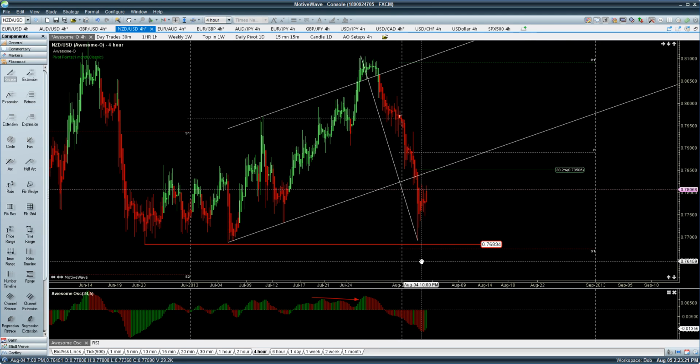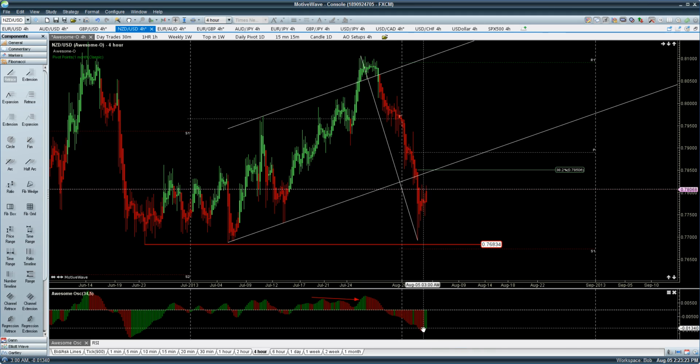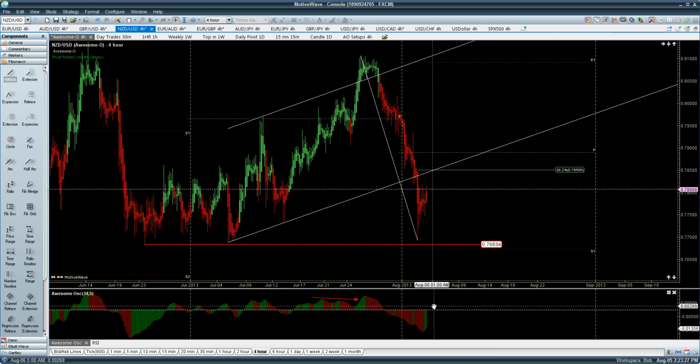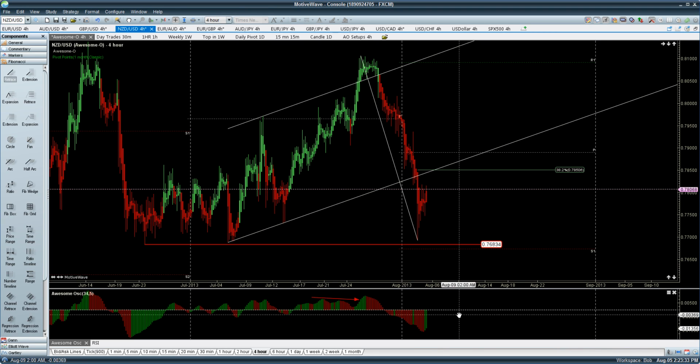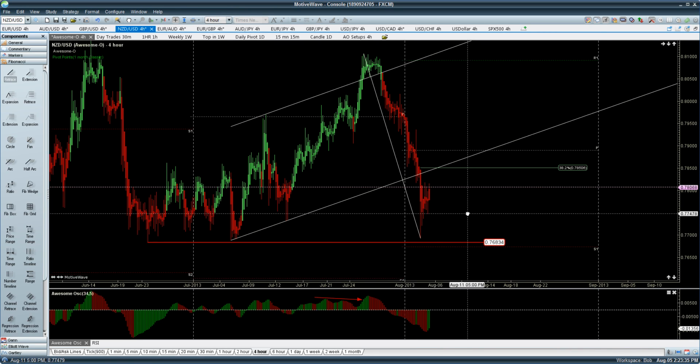So maybe we'll see a saucer here. Hopefully it gets up. I don't like taking saucers if they're not deep, closest to the zero line is what I should say there.